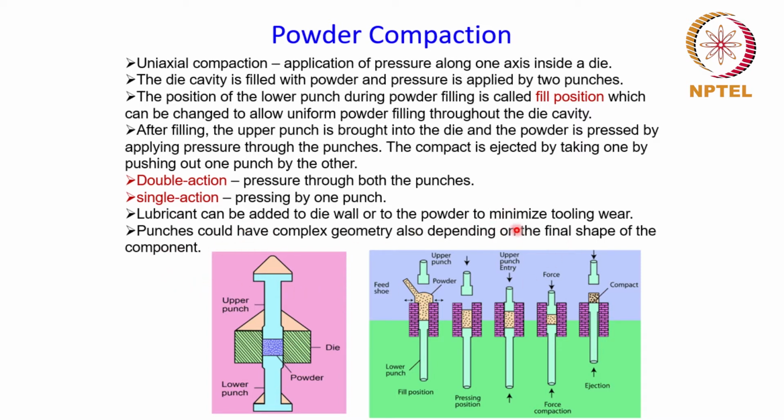So when the powder is lubricated, it will minimize the tooling wear. That means it will minimize the wear and tear of the die and the punches, as I said. And depending on the final shape which is required in the component, the punches could also have complex geometry.